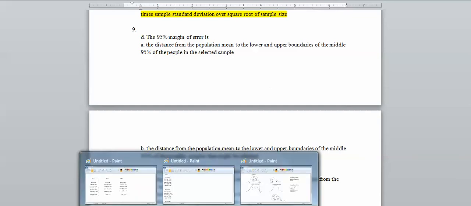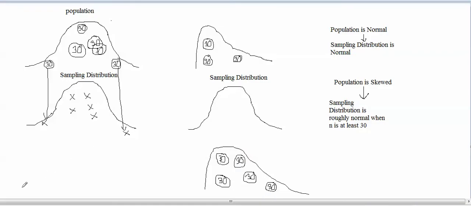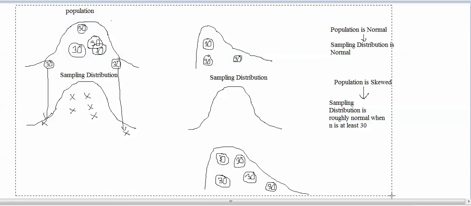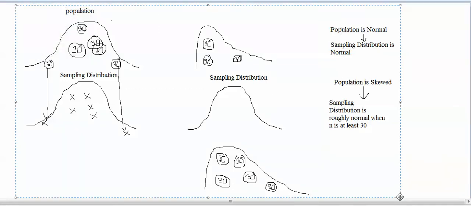For number 9, it asks what the 95% margin of error is. I've probably shown you this before, how you have a normal curve like this. You have the population mean at the center.